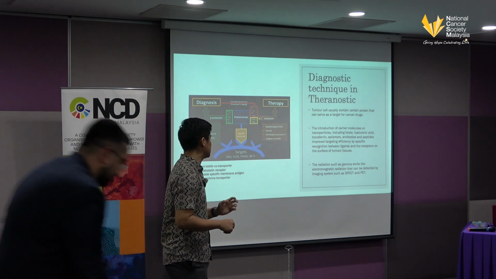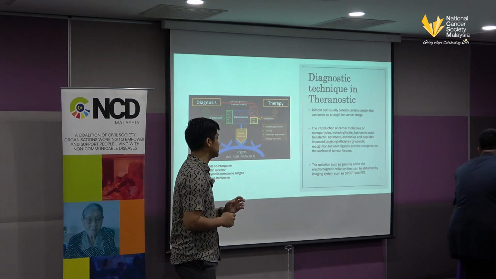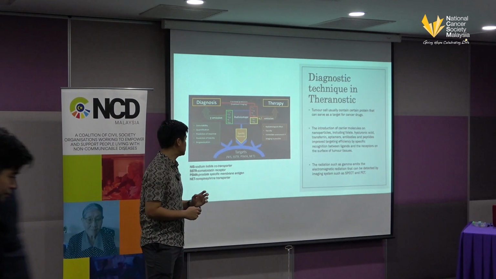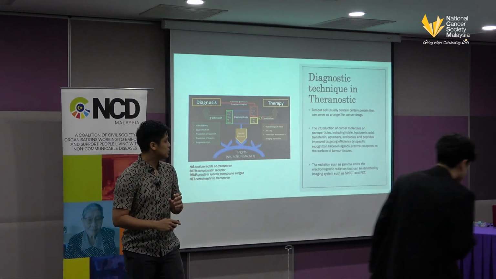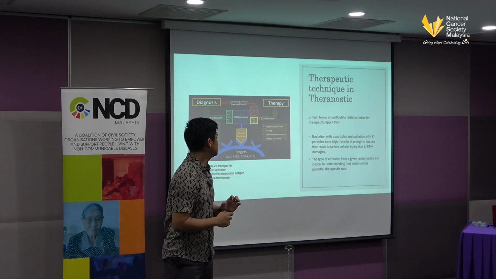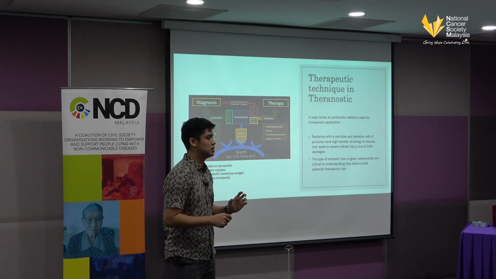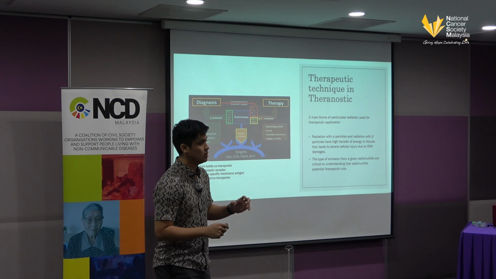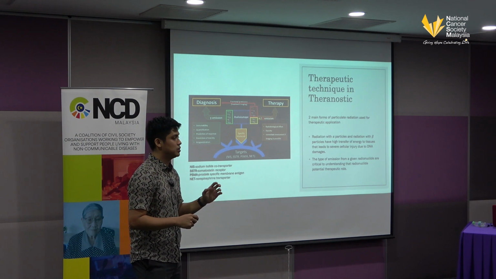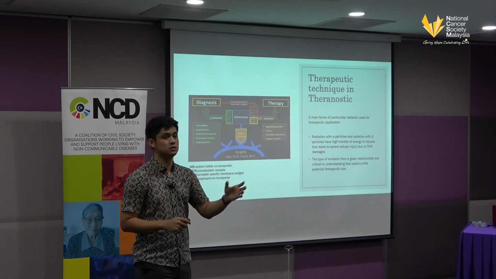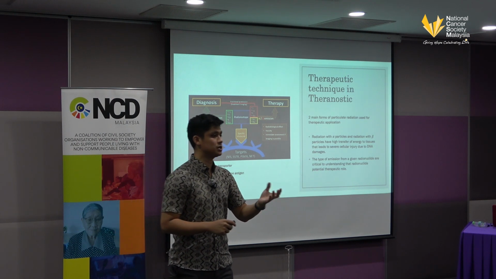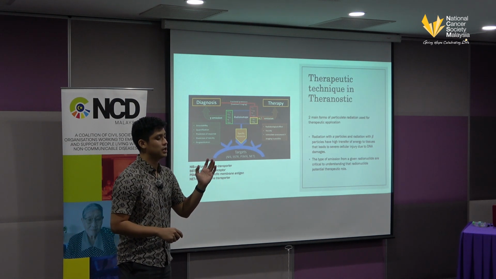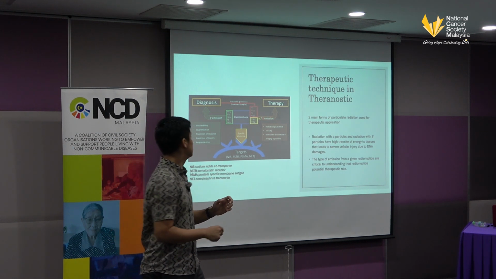And radiation such as gamma emits electromagnetic radiation that can be detected by imaging systems such as SPECT and also PET. And as for the therapeutic technique, there are two main forms if we use radiation, the first one being alpha and beta radiation. Alpha and beta radiation have different mechanisms of damaging the DNA of the cancer cells.